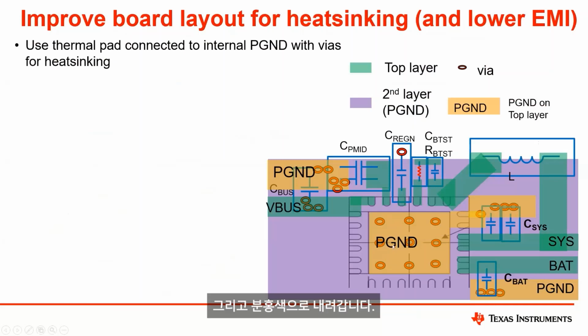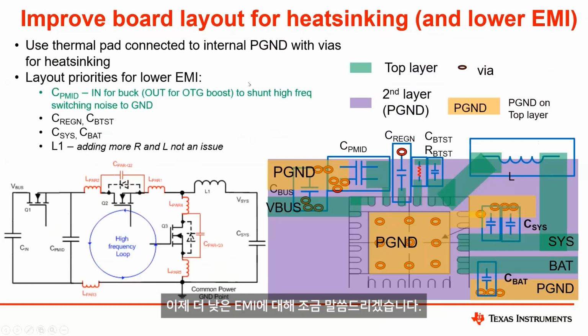And then that is connected down to the pink, which is the internal or second layer, which is all ground. So that allows us to distribute that heat and hopefully not have the device enter thermal regulation and therefore reduce your output current. Now, I did want to throw in a little talk about lower EMI.